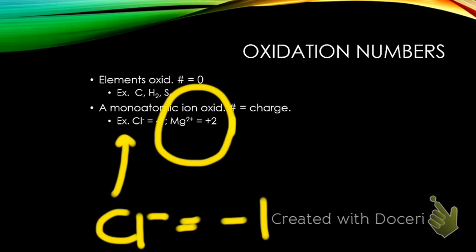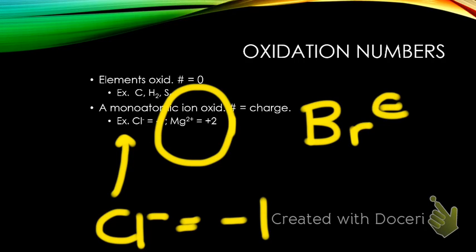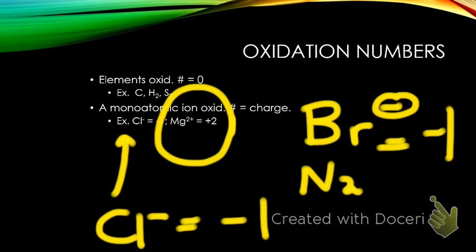Likewise, the magnesium 2+ ion would have an oxidation number of +2. A bromide anion is going to have a -1 oxidation number. Sodium cation is going to have an oxidation number of +1.